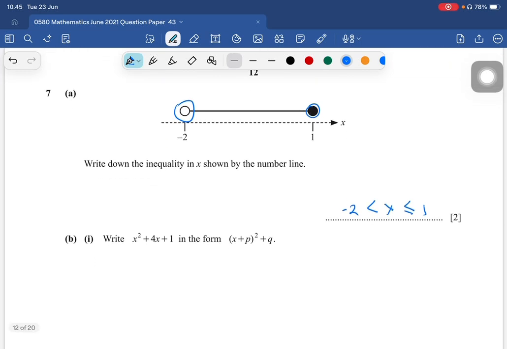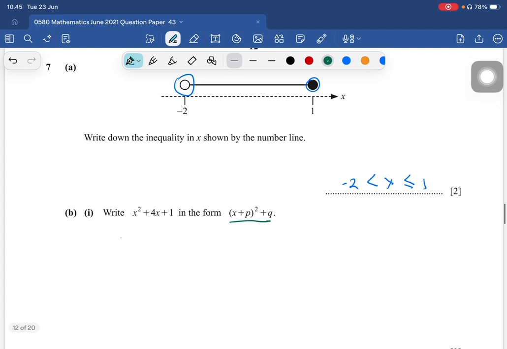Write x squared plus 4x plus 1 in the form (x plus p) squared plus q. Let us first take x, and here we halve the 4, so this is plus 2.